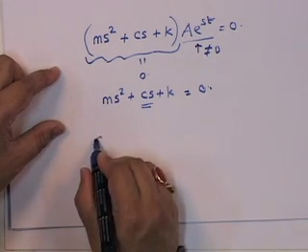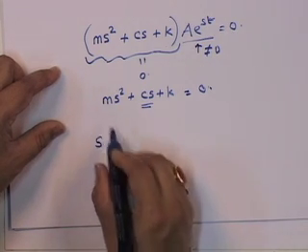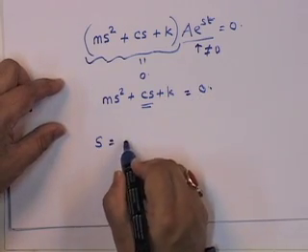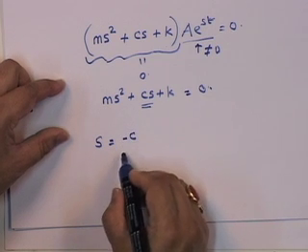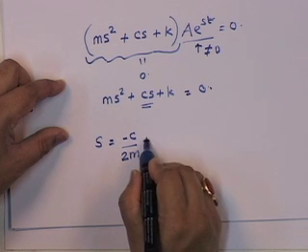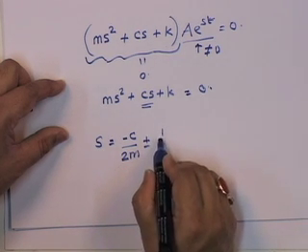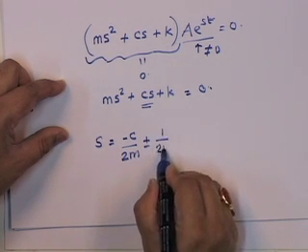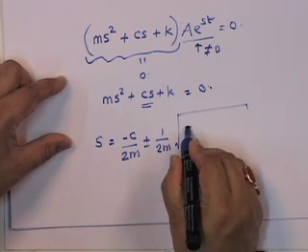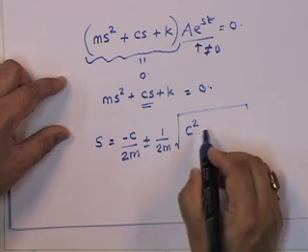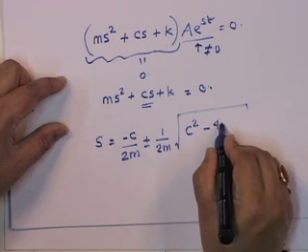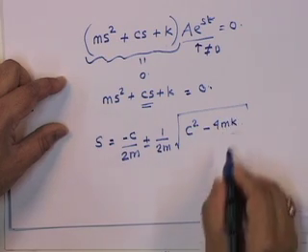Well, s, this is a quadratic equation and we can solve for this by minus b upon 2a plus minus 1 upon 2a square root of b squared minus 4ac.